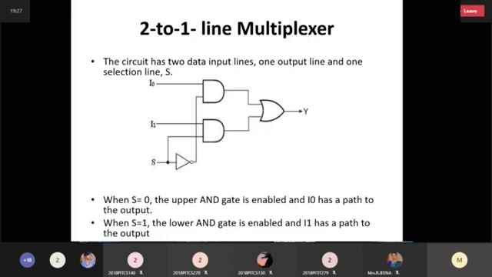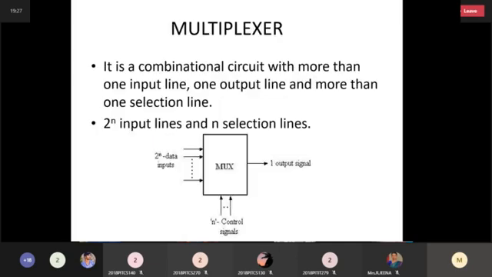In a 2 to 1 line multiplexer, how many inputs and how many outputs? 2 to 1 line means 2 inputs, only one output. How to represent this 2 in base 2 format: 2 power 1. So there will be only one selection line. So your block diagram will be 2 inputs, one selection line and one output.